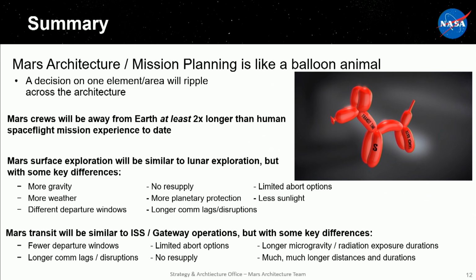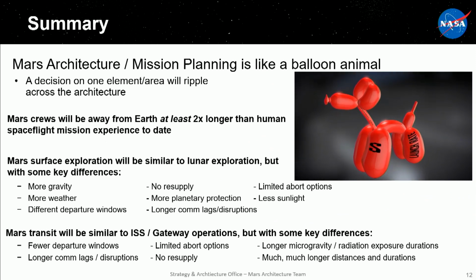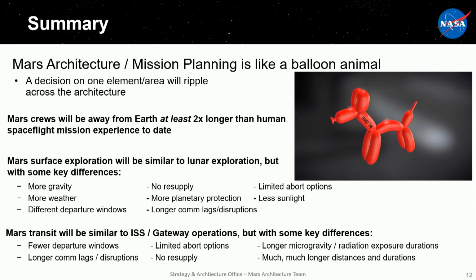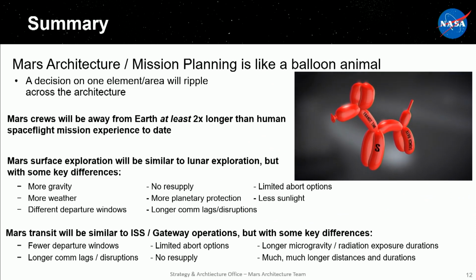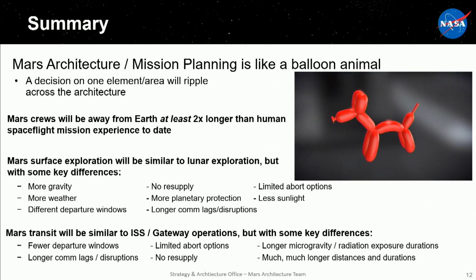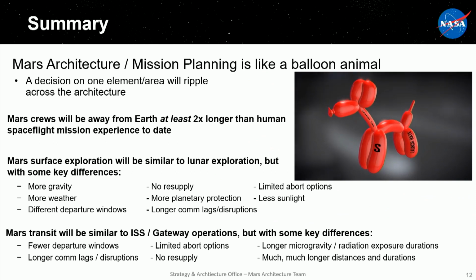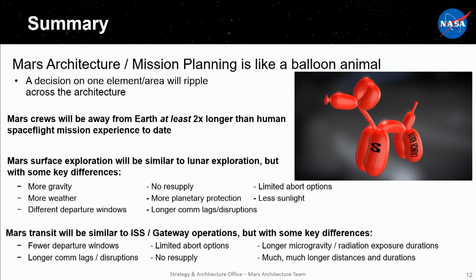There are a lot of key things that we can learn from the Moon to help us inform some of these decisions. But there are really fundamental differences between how we plan for the Moon and how we go into Mars too. So those considerations need to be taken into account when we design these missions.